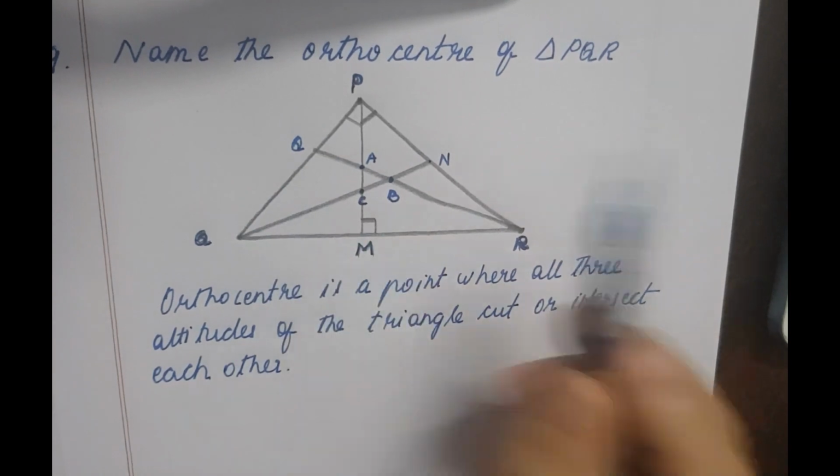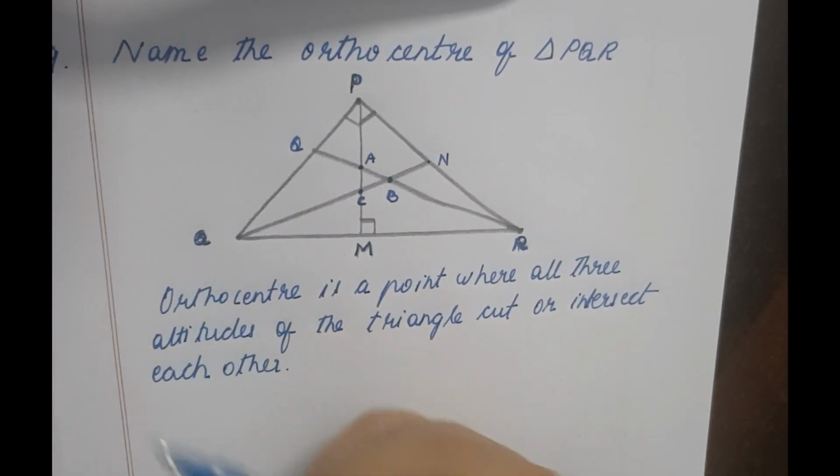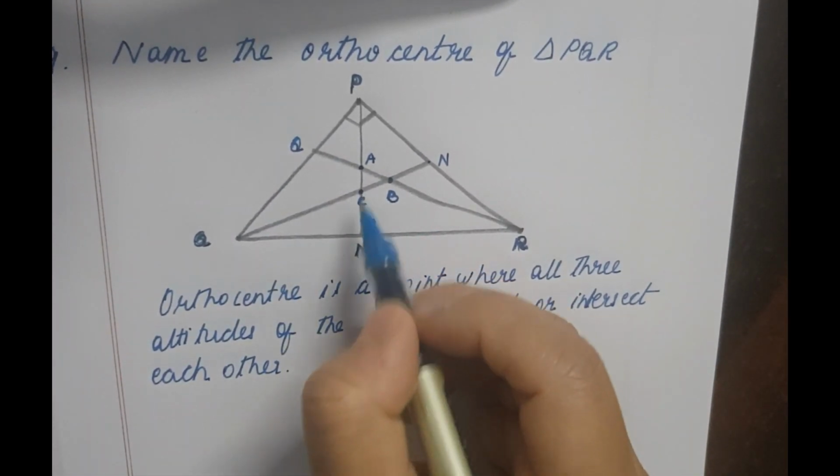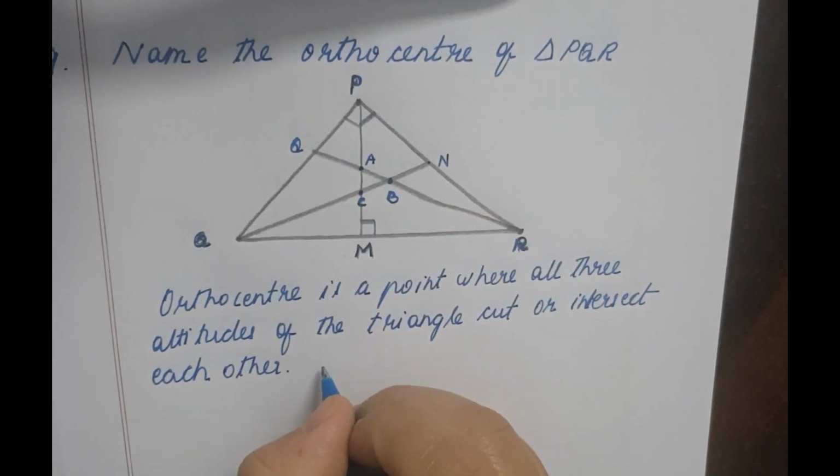In triangle PQR there are three altitudes. The first one is PM.